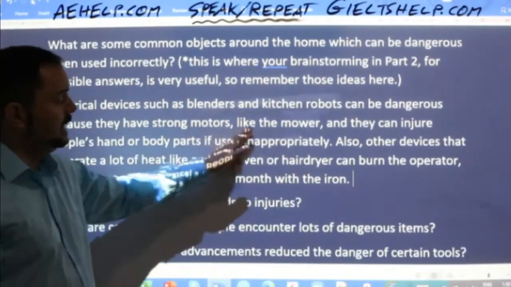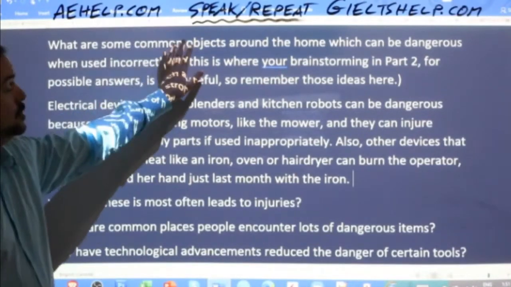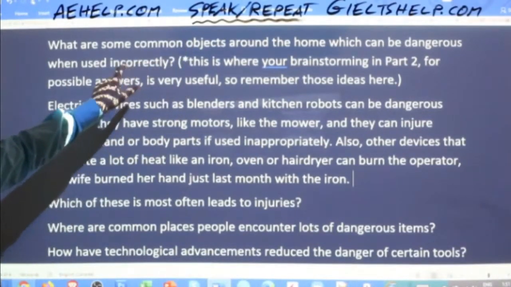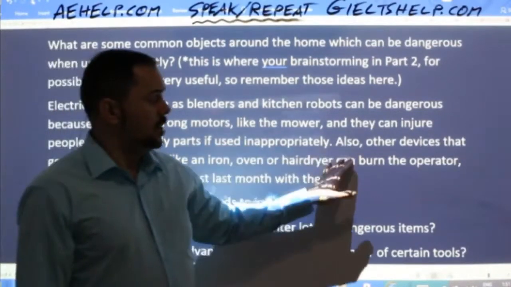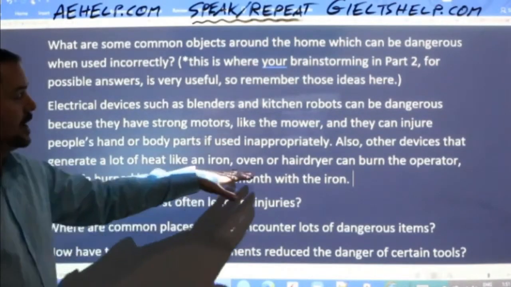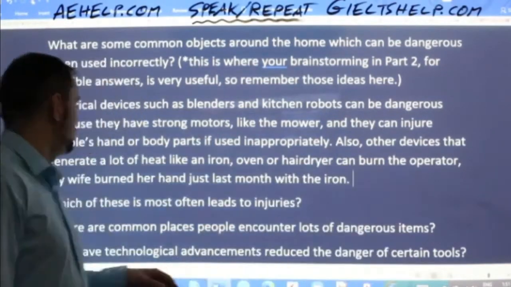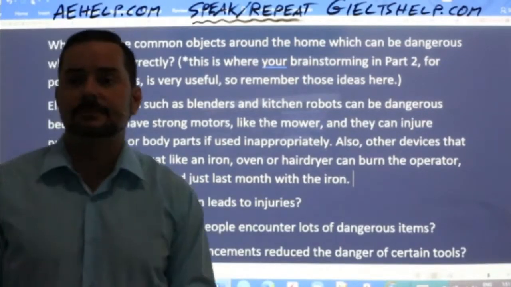Notice how here I'm paraphrasing when they are not used incorrectly, if used inappropriately. Also, other devices that generate a lot of heat, like an iron, oven, or hair dryer, can burn the operator. My wife burned her hand just last month with the iron.